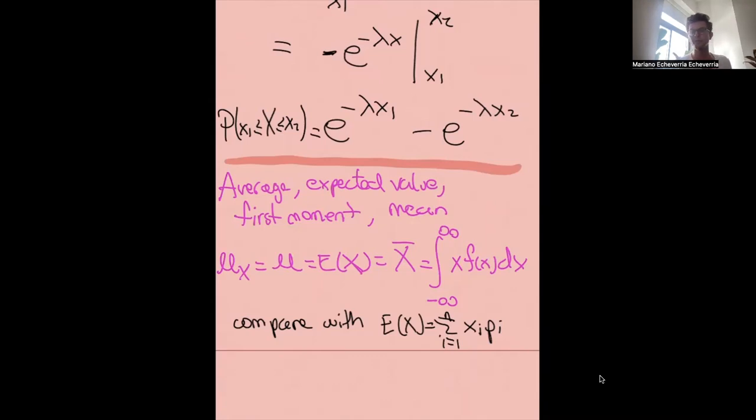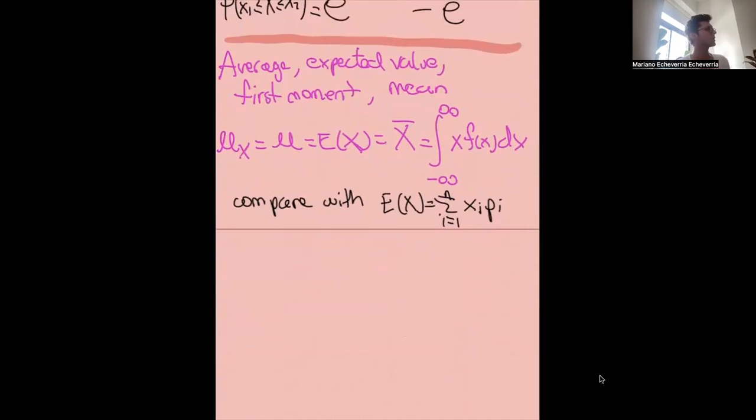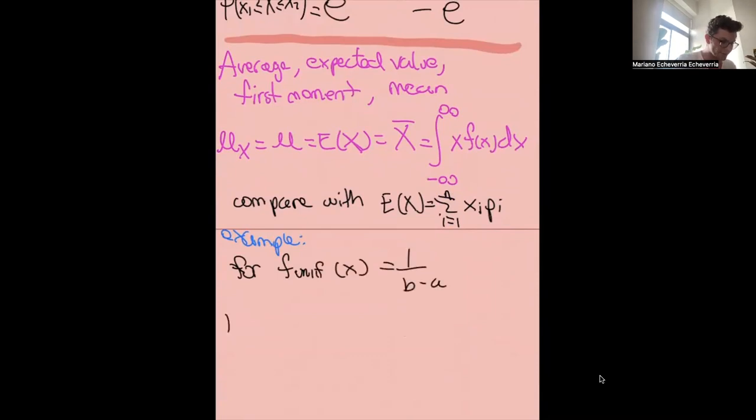So for example, for the uniform distribution, I won't do it directly because it's nice for you to try it, since it's just a simple integral in calculus. But for the uniform distribution, f uniform, which is 1 over b minus a, the expected value or first moment would be the integral of x times f uniform of x dx.